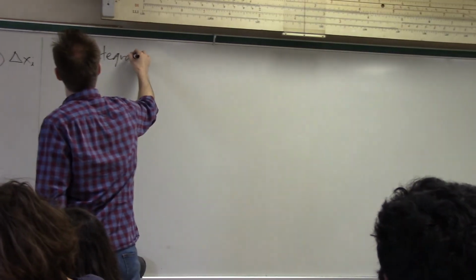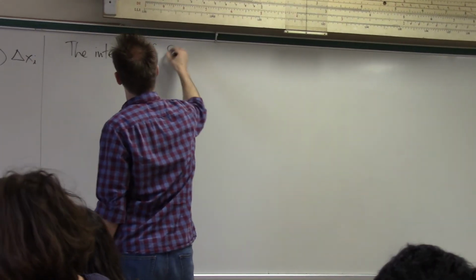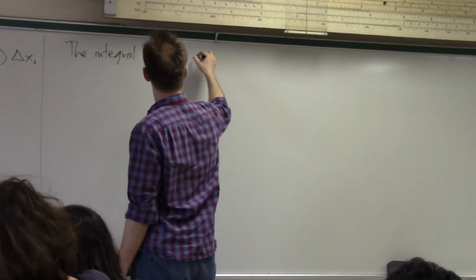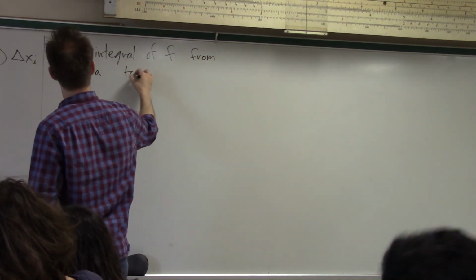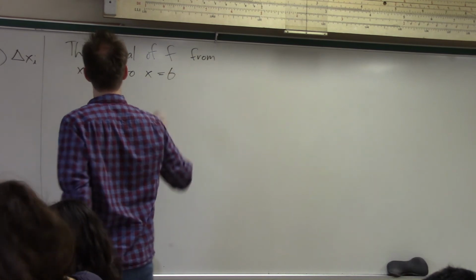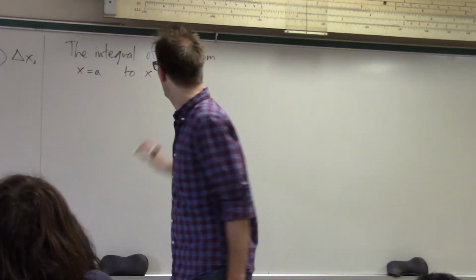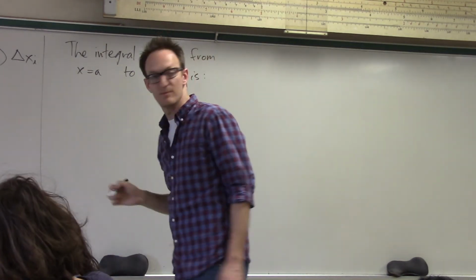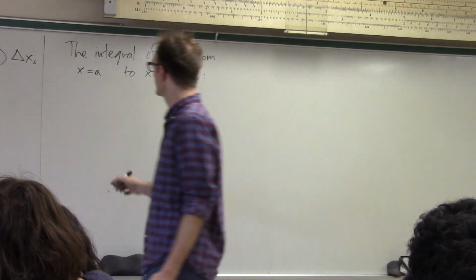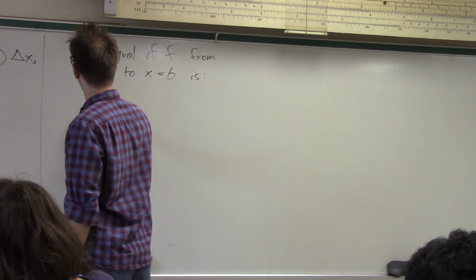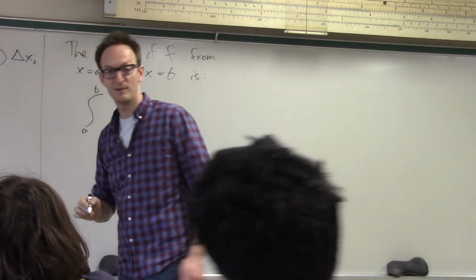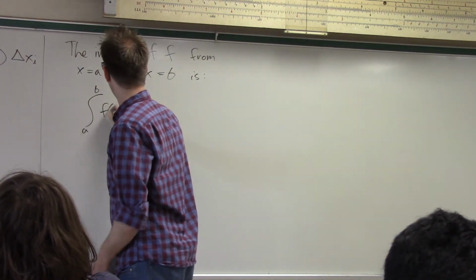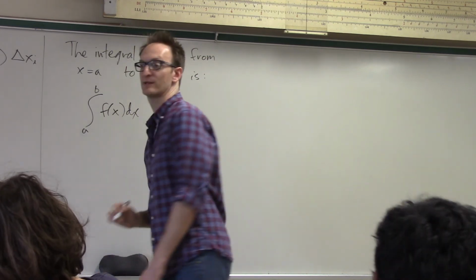The integral of f from x equals a to x equals b, and there's some notation for this. The notation looks like this. There's this weird curly s thing, and then you put an a here and you put a b here, and then you write the function, and then you put this little dx thing there.